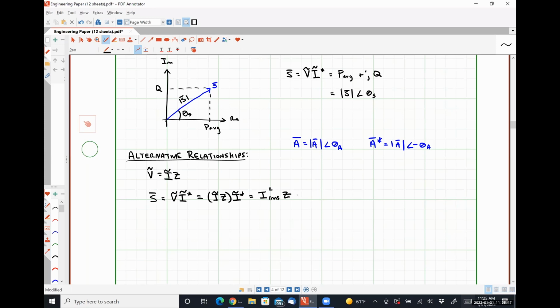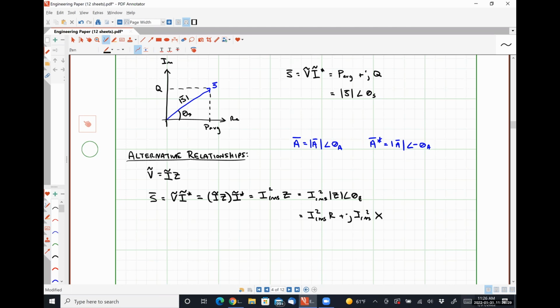And I can break this down into I RMS squared times the magnitude of Z angle theta Z for a polar form representation, or I RMS squared R plus J I RMS squared X for rectangular form representation.